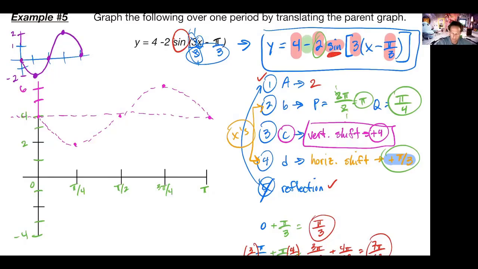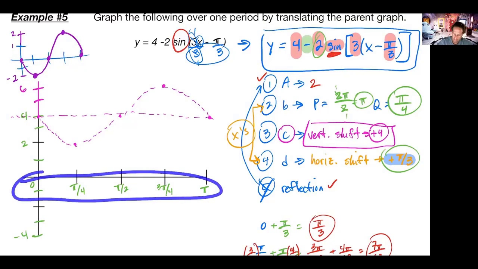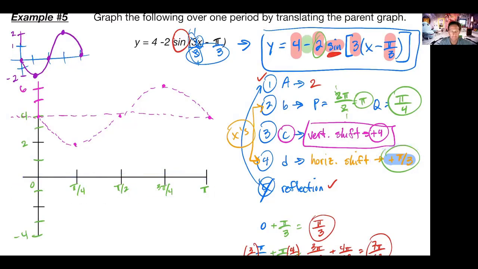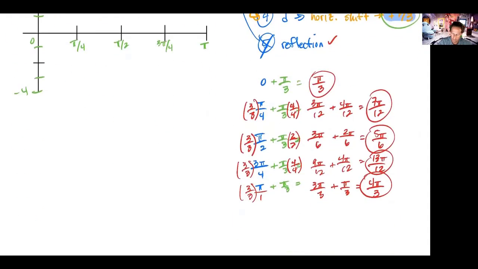Because although I have my x-axis drawn incorrectly, I've done the stretching and reflecting of this thing. I also need to do the shifting of that pi over 3 to all 1, 2, 3, 4, 5 of my points, which we've already done here, which means all we got to do is label these differently.